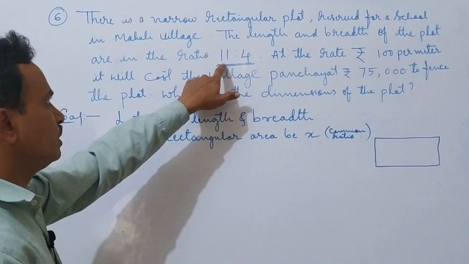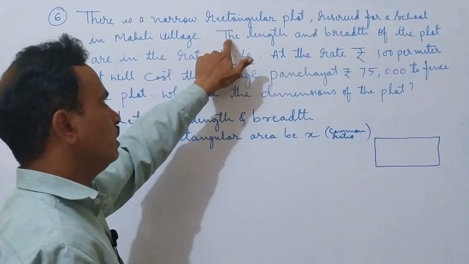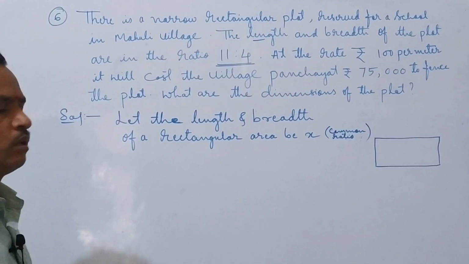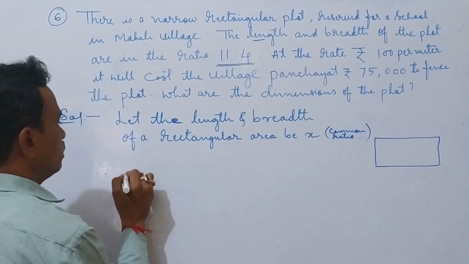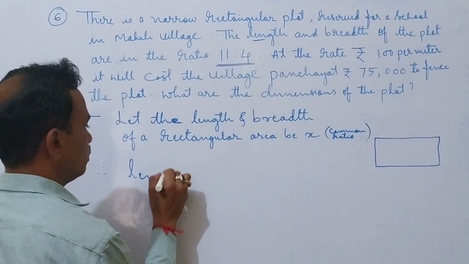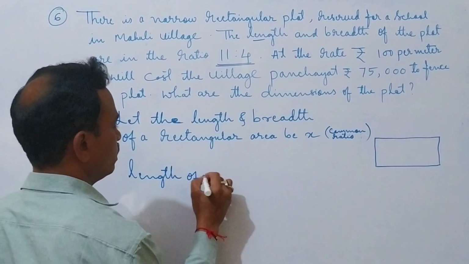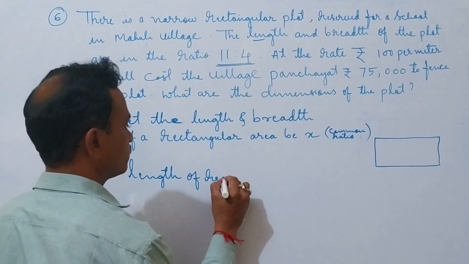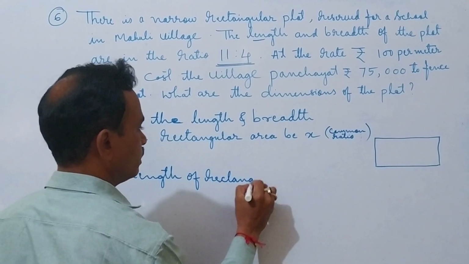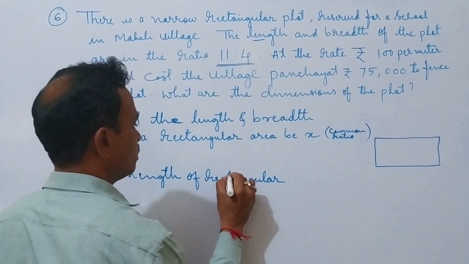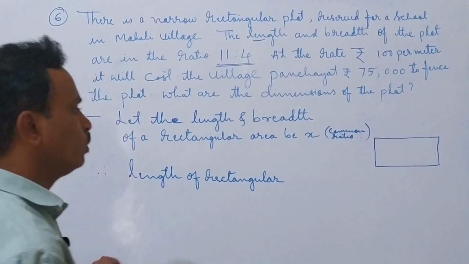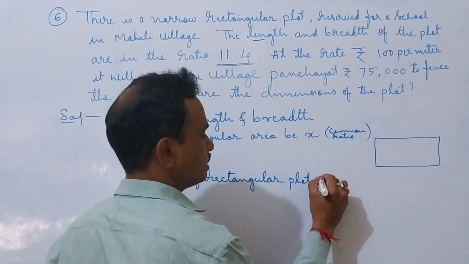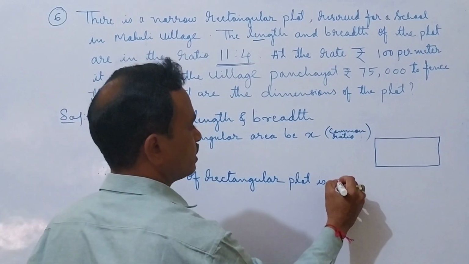Then what is given first? 11. Here the length is mentioned first, so the length of the rectangular plot is 11x.